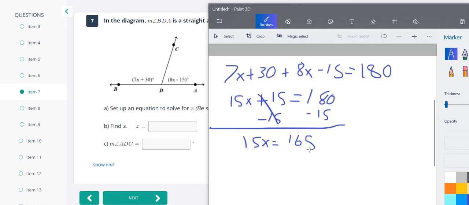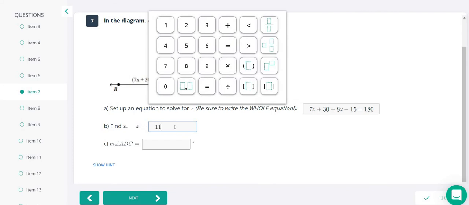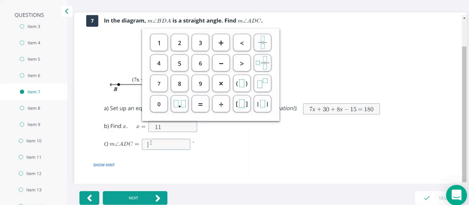And then 165 divided by 15, x equals 11. And then ADC, so it wants to know this one, so plug 11 back into here. 8 times 11 is 88, and 88 minus 15 is 73.